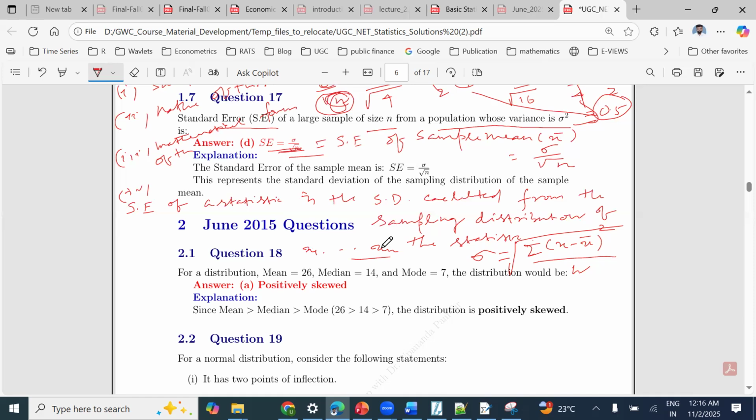So standard error, as I already told you, is sigma upon root n. But standard deviation gives us the idea about the variability of all the series values from its average value. So we'll stop over here, then we'll continue the other discussion.